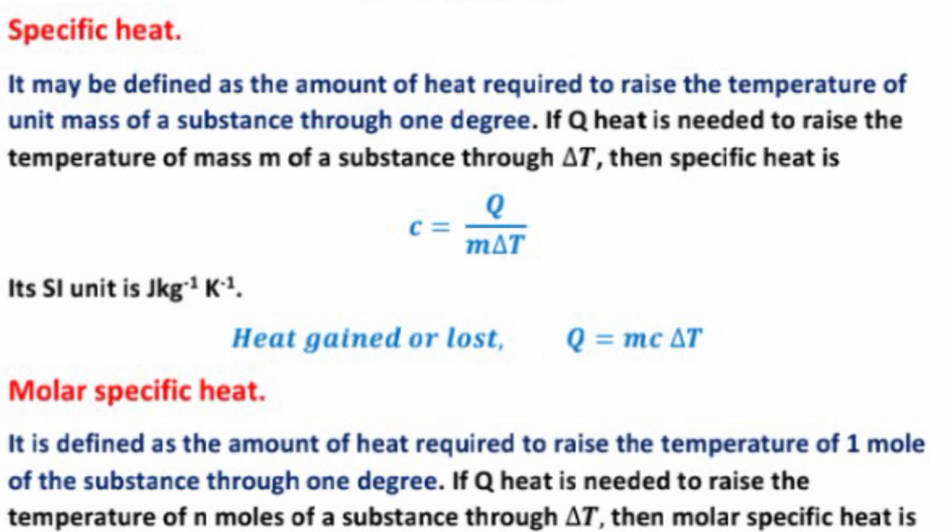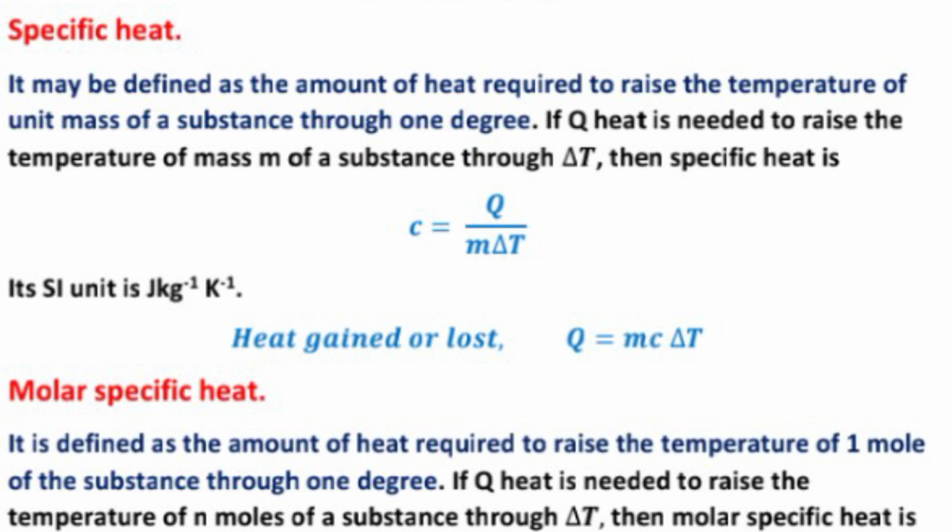Previously I told you about specific heat. Now I am telling about molar specific heat. Molar specific heat is defined as the amount of heat required to raise the temperature of 1 mole of the substance through 1 degree.